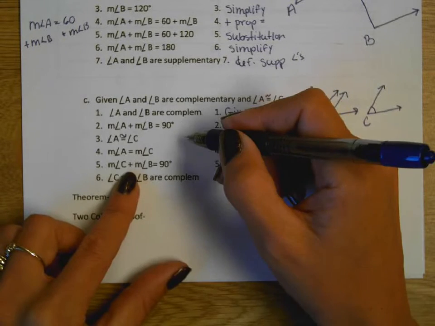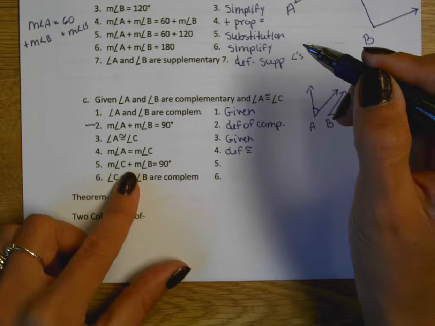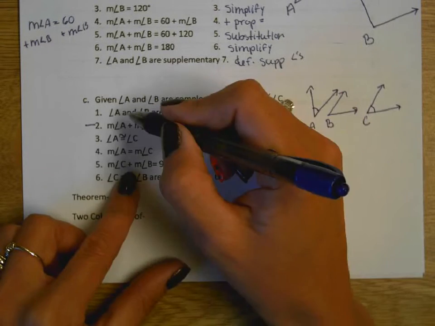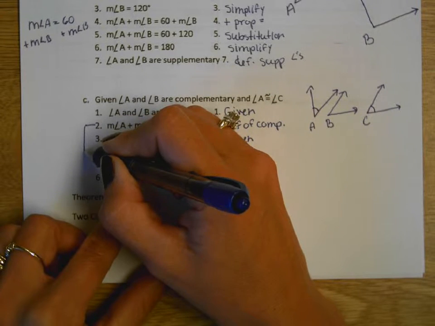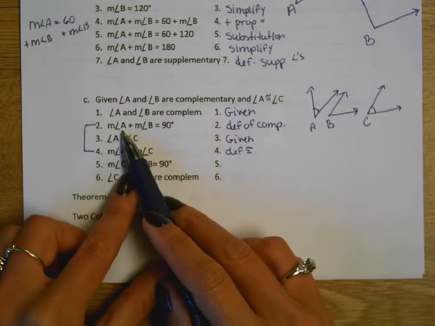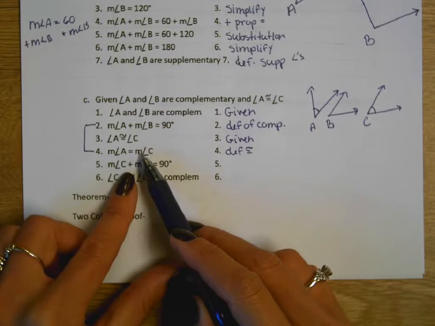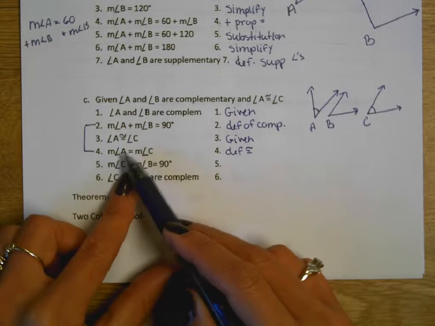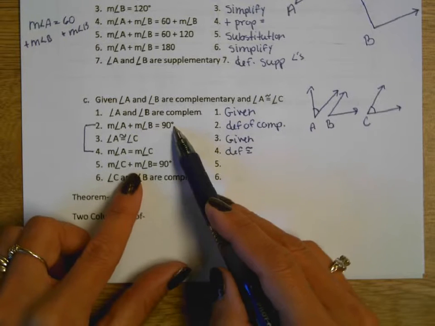If I told you to put substitution. Yes, with which two sentences? 2 and 4. I've got measure of A plus measure of B equals 90. And I know that A is equal to C. So wherever I have an A, I can put a C. So if I put C here, I'll have C plus B equals 90.